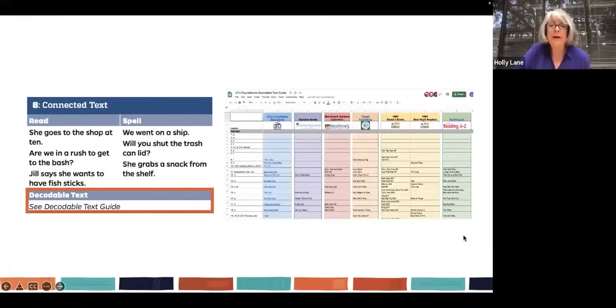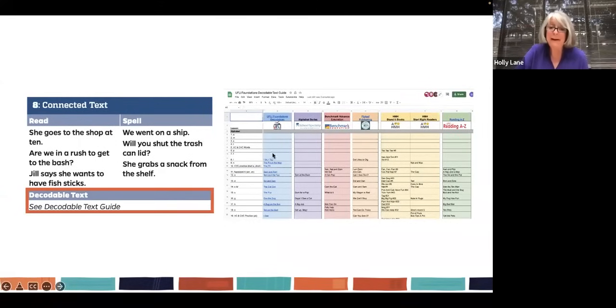The decodable text guide is going to be a Google Sheet that you can access. Sorry, I can't get them all confused: Google Slides, Google Docs. We have a Google Sheet that you can access to be able to look at other sources besides just the UFLI Foundations decodables.